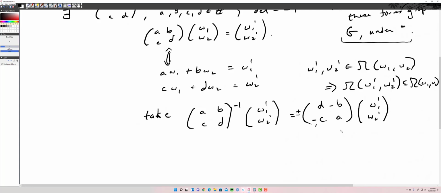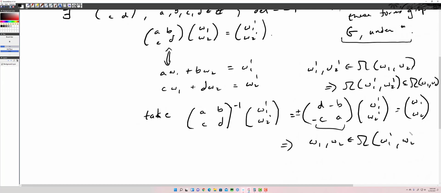what does this say? Well, these are integer entries, right? And this says that omega 1 and omega 2 are inside omega 1 prime, omega 2 prime, which says that this lattice right here is included in this lattice.